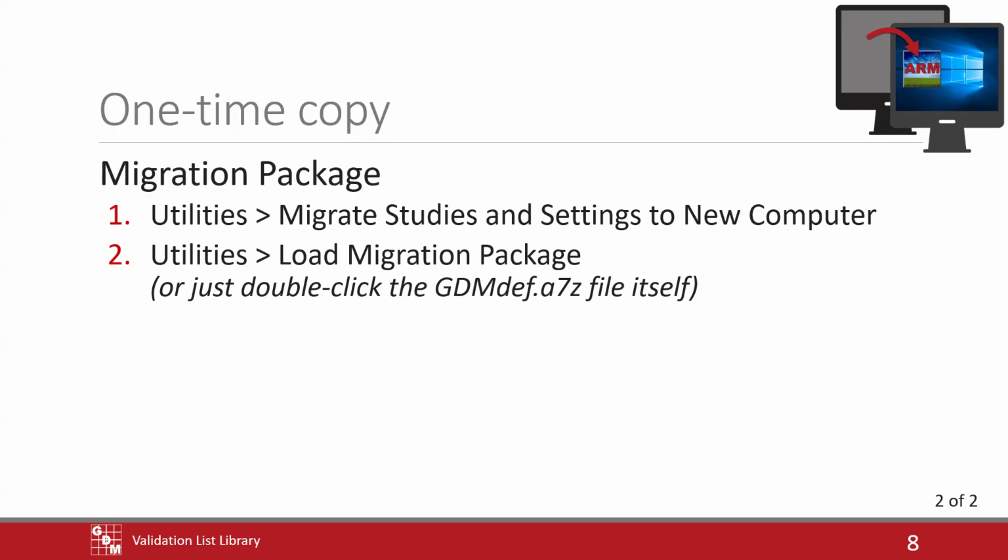But anyway, pretty simple, straightforward method for creating it, and then to load for each person who would want to use that package in their ARM, it would just be under utilities and load a migration package. And then you just have to choose the folder where it's at, and their ARM will bring in everything onto their computer.